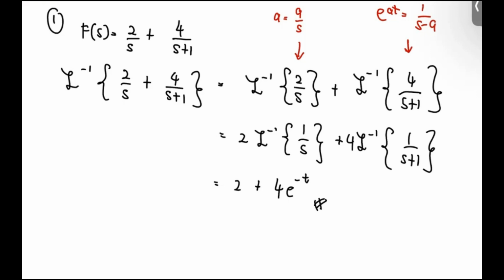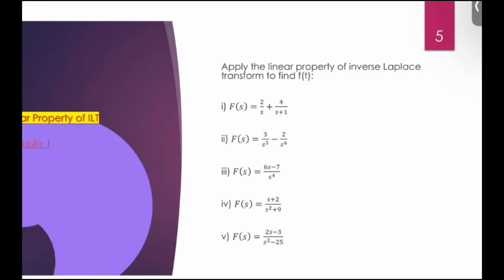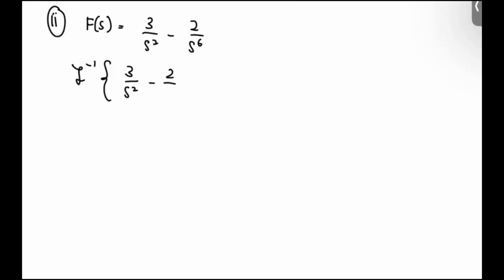Number 2. 3 over s squared minus 2 over s minus 6. Right, so let's find the inverse of this function. 3 over s squared minus 2 over s minus 6.